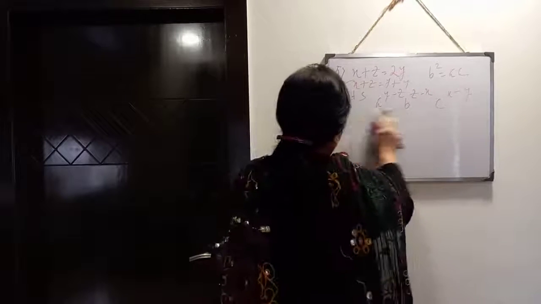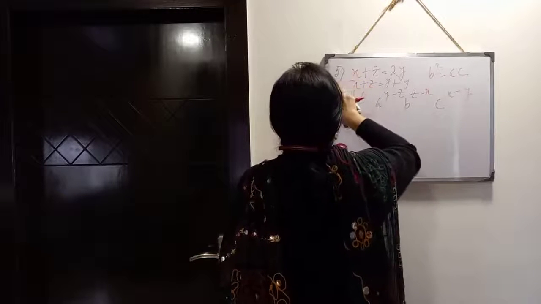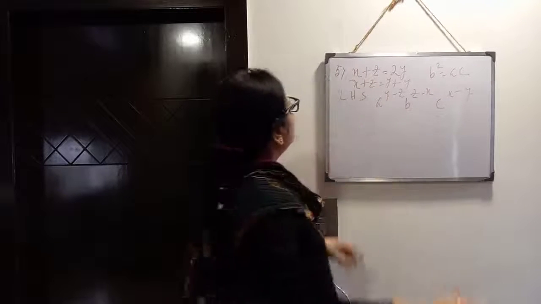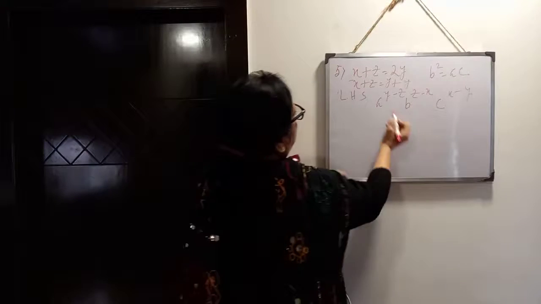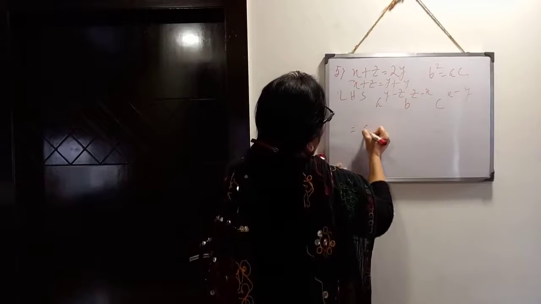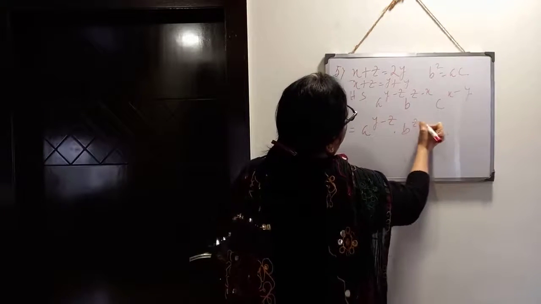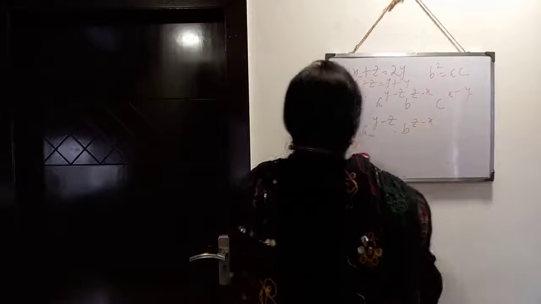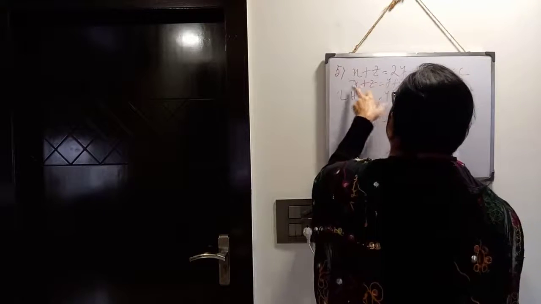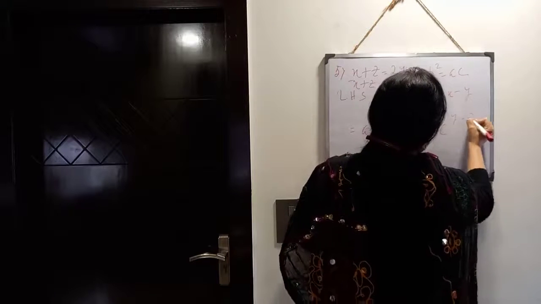Any one term will change. So I am keeping it the same and changing that. Equals a to the power y minus z into b to the power z minus x into c to the power x minus y. I have told x minus y means y minus z.